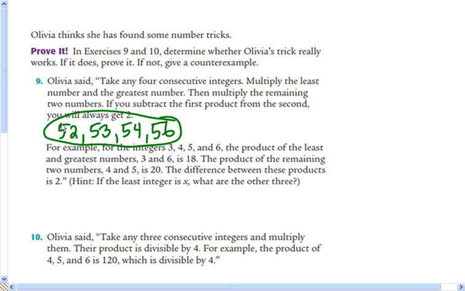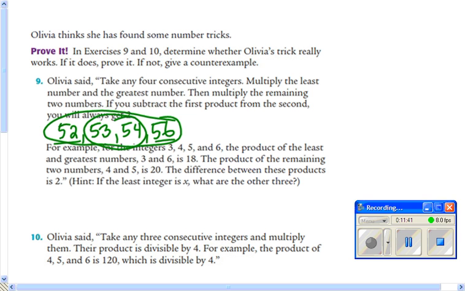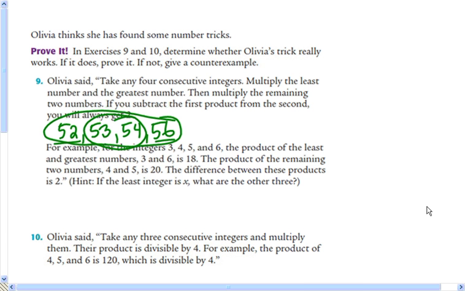Okay, so what she's saying is, if I multiply 56 and 52, and then if I multiply 53 times 54, that if I subtract those 2 numbers, I'm going to always get 2. So let's see if that's true. I hope you caught that little mistake there. This number should be 55.